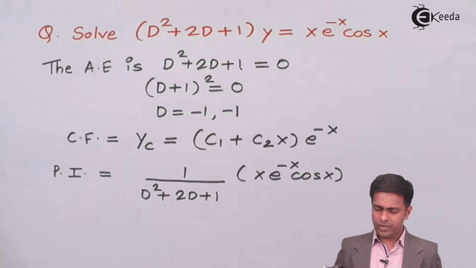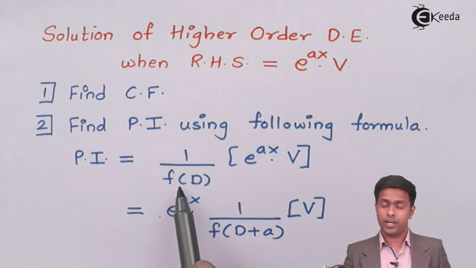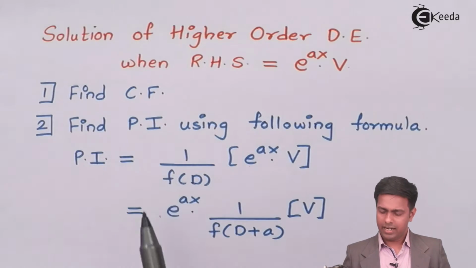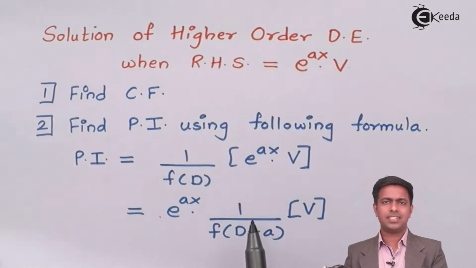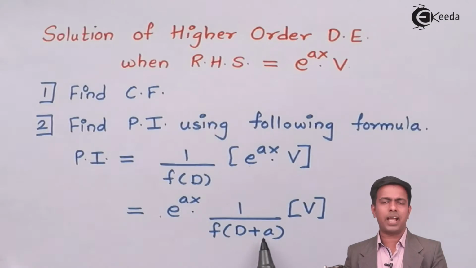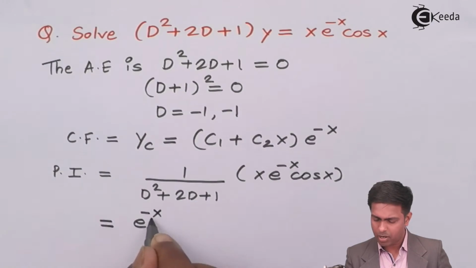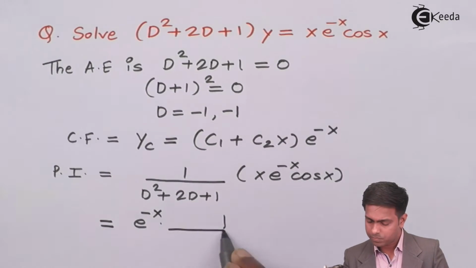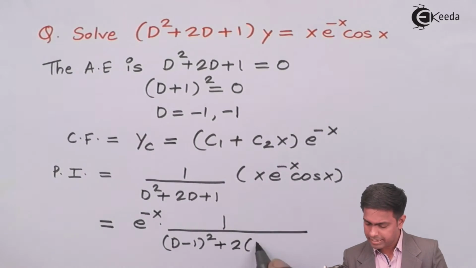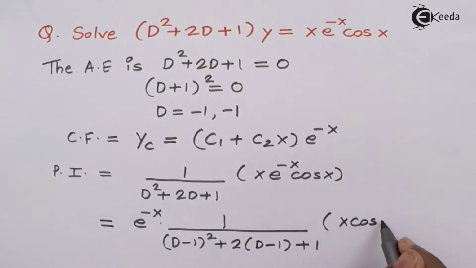So here we have the rule which says if you have e to the power ax into v, and in the denominator you have f of d, we are going to replace that d in f of d by d plus a. Now in our case, our a is minus 1, so we are going to replace this d with d minus 1. So guys, here we will get e to the power minus x term outside into 1 upon (d minus 1) the whole square plus 2 times (d minus 1) plus 1, into x cos of x.